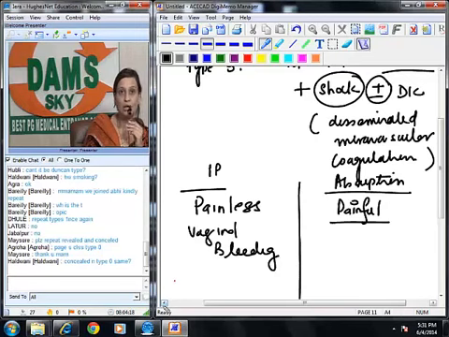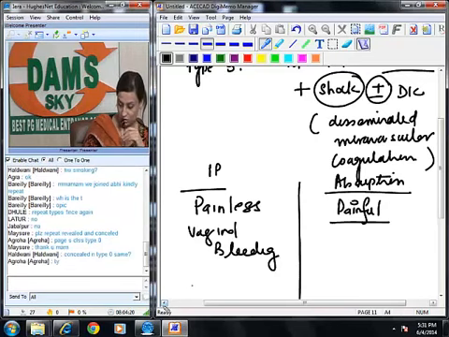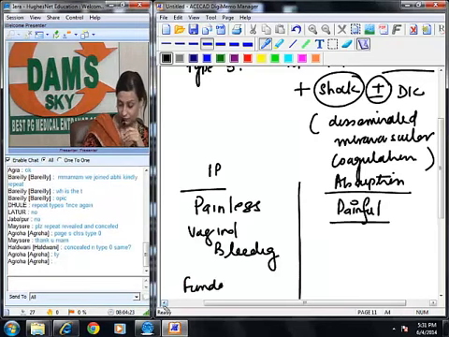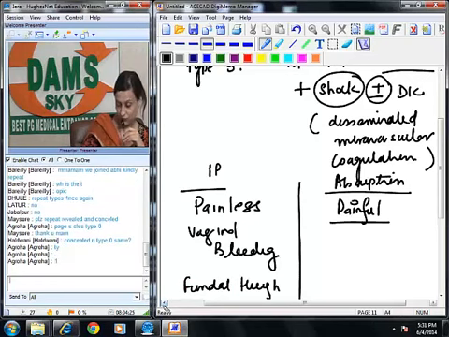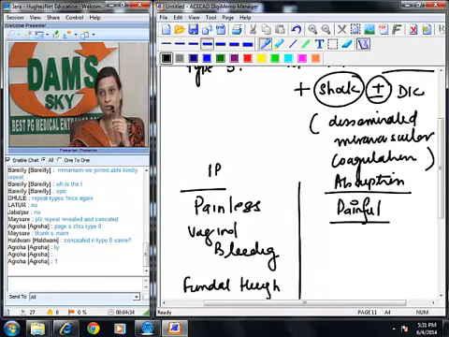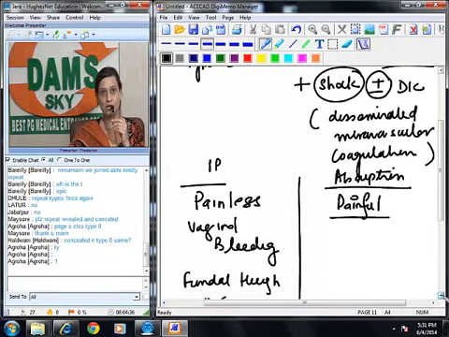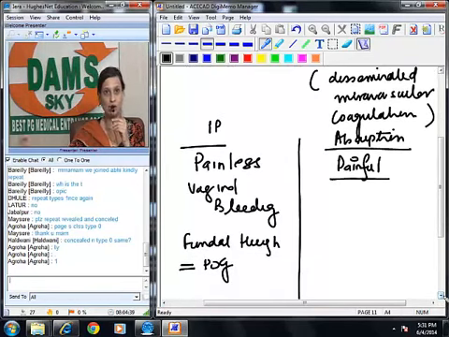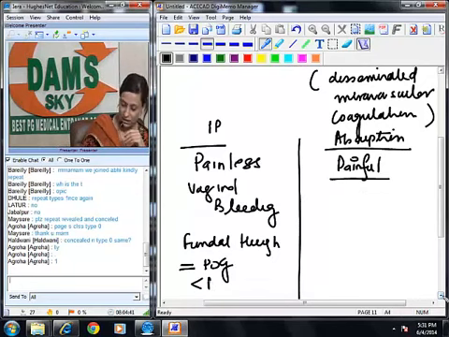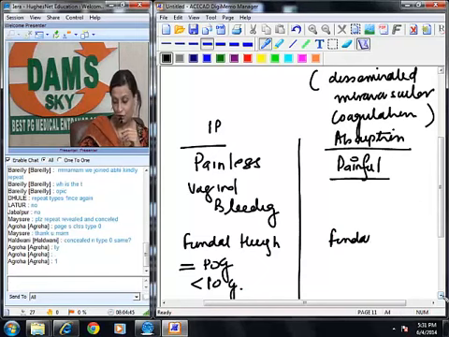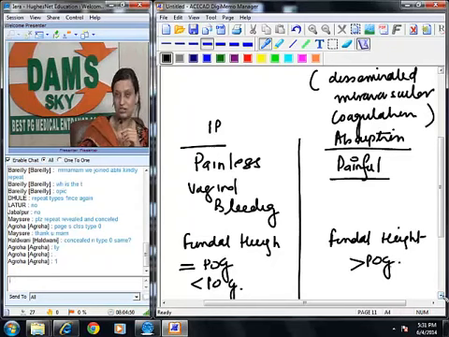Second point, in placenta previa the fundal height is either equal to the period of gestation or it will be less than the period of gestation. Whereas in abruption, usually the fundal height is more than the period of gestation.